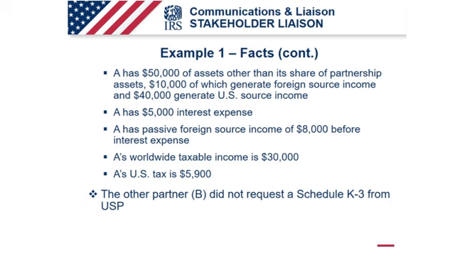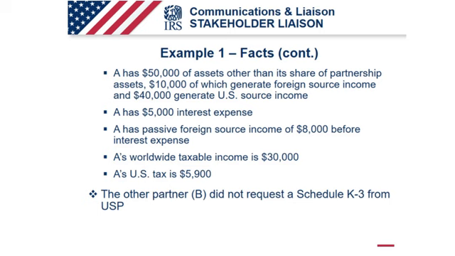The other partner in the partnership, B, does not request a Schedule K-3. And the main reason is because that partner either doesn't claim any foreign tax credit separately or doesn't claim a foreign tax credit that would require filing the 1116.